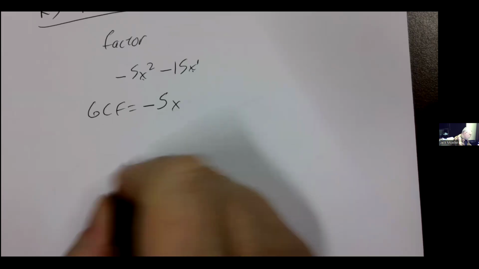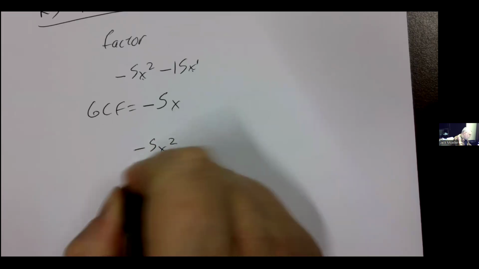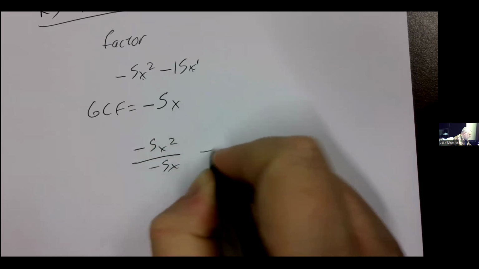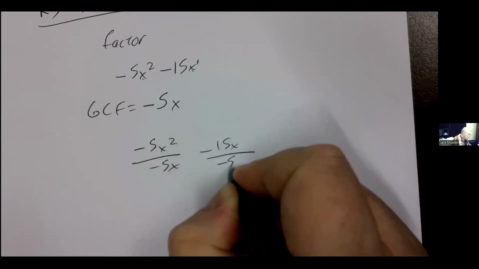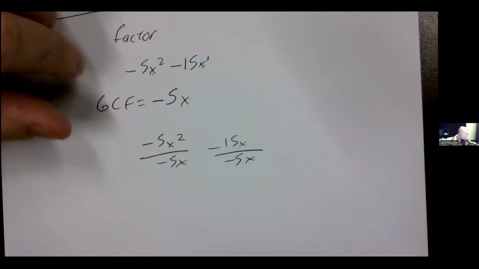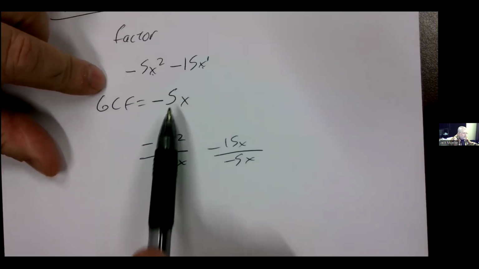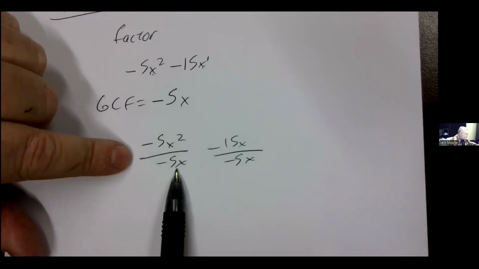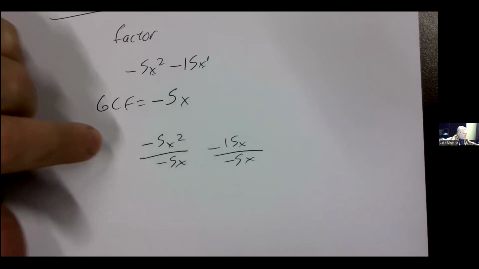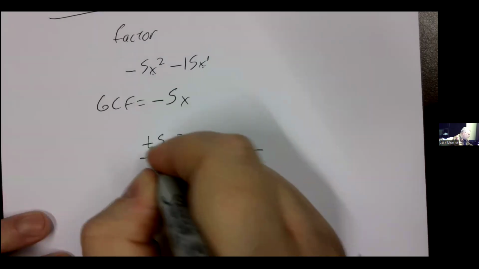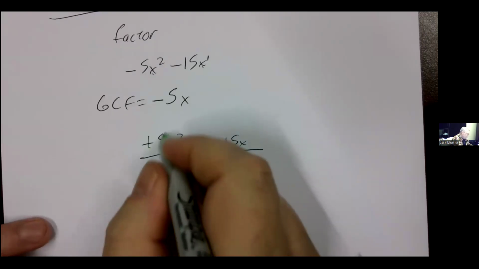So for this one, I'm going to do the division long form again, just to help with the negatives. So you always do every term in your polynomial divided by your GCF. So we're going to do negative 5x squared divided by negative 5x. And so now those negatives will cancel. 5's will cancel.